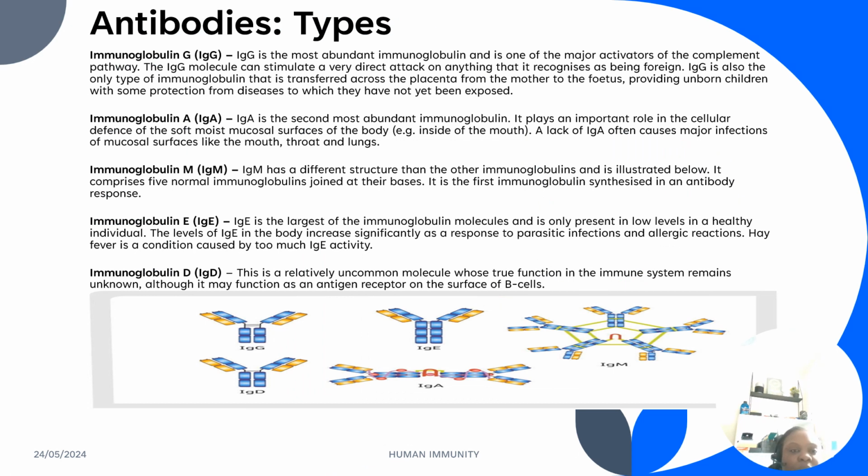Different types include IgA, which plays a role in localized defense mechanism in external secretions like tears. IgD, which is involved in recognition of the antigen by B lymphocytes. IgE, which is involved in allergic reactions. IgG, which is responsible for complement activation. IgM, which is also responsible for complement activation.